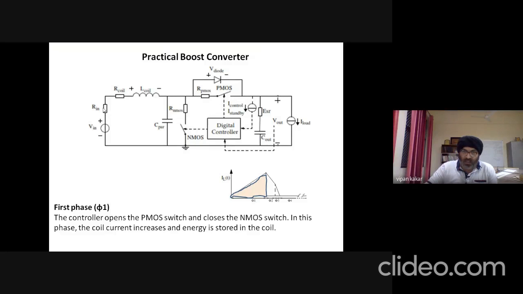So in phase 1, the path followed by the current is through NMOS. Because PMOS is turned off, the diode is reverse biased, so no path is given to the current to flow over here. So only this loop will have the flow of current. In this case, the coil current rises because the energy starts to store in this inductor or coil.